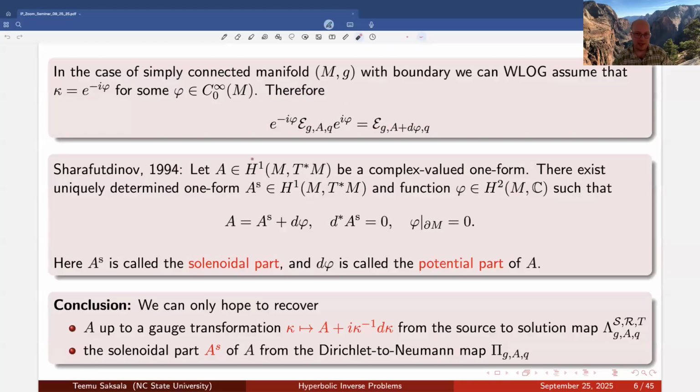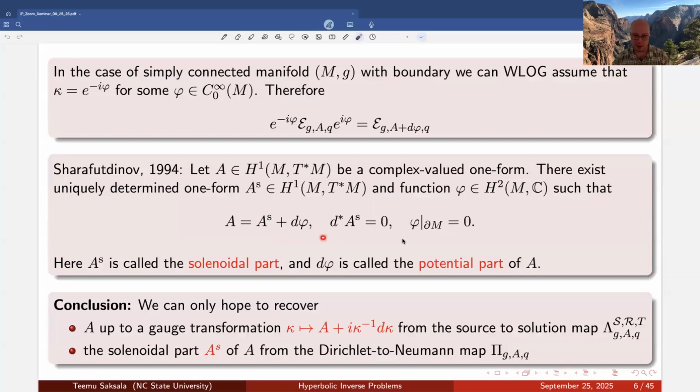And now we notice that, if we go back to the integral geometry class, this new vector field which I created here falls exactly in the situation of Sharafutdinov's decomposition, which says that any vector field I can decompose into a solenoidal part A^S and a potential part d phi.